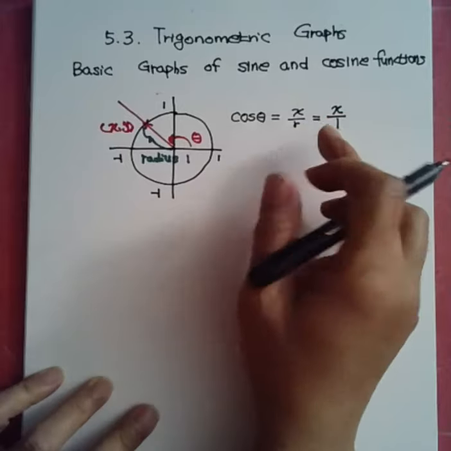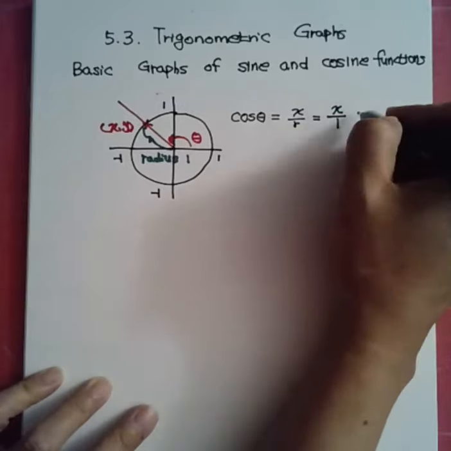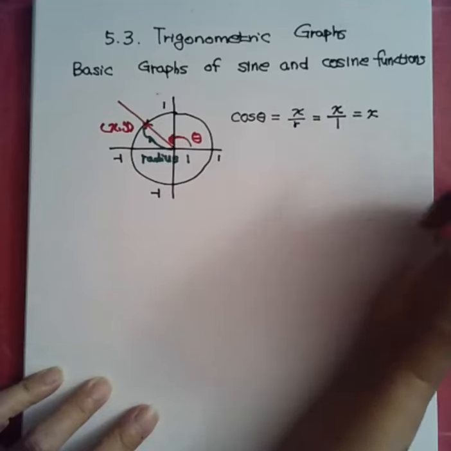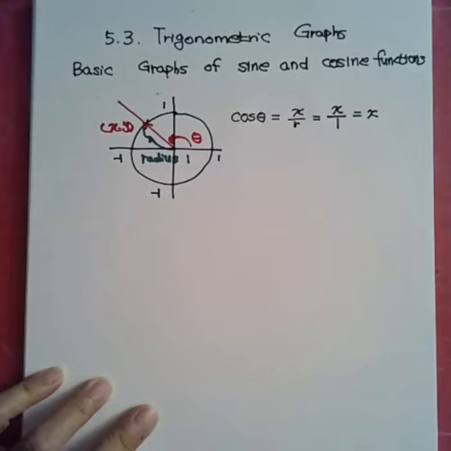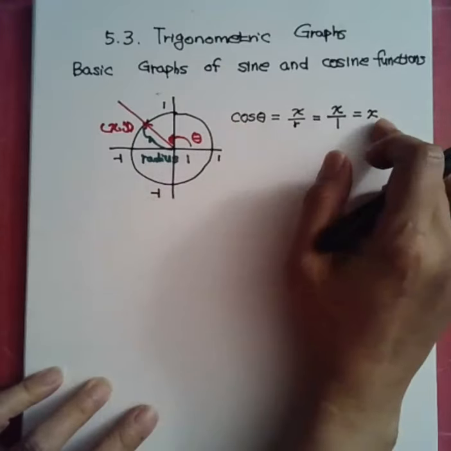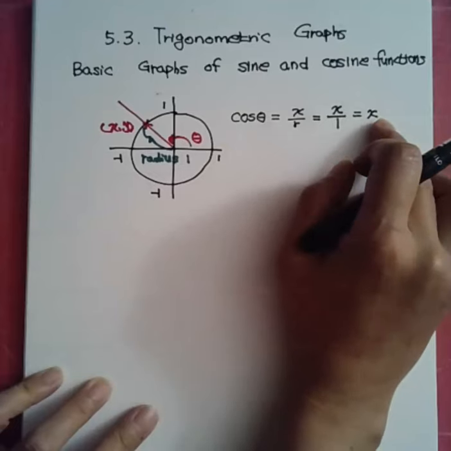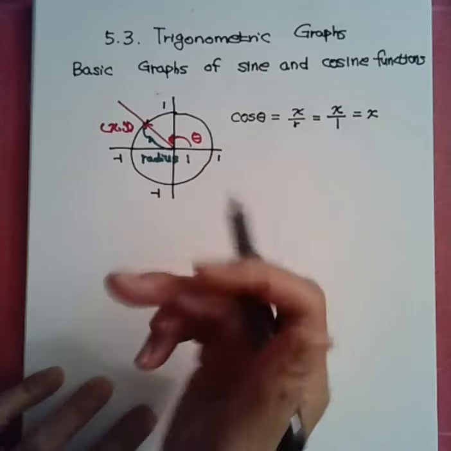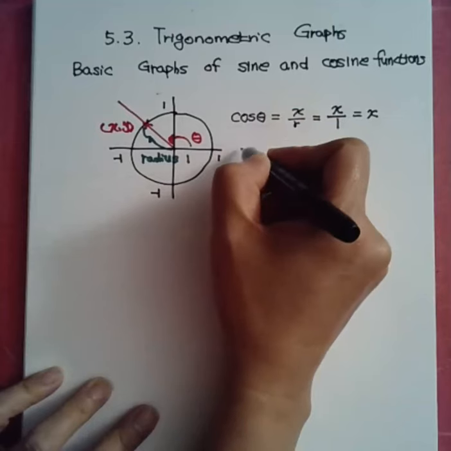In this fraction, the denominator becomes 1. That fraction is equivalent to x. By doing that, we realize that the cosine of theta is identifiable with the x coordinate on the unit circle.